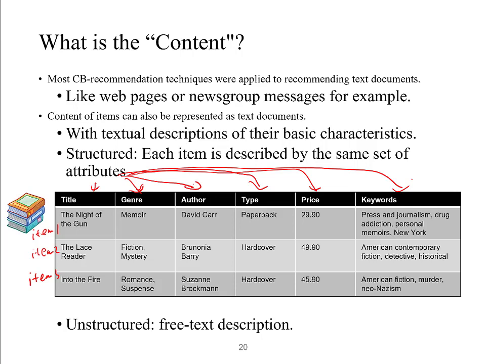Usually for the table, the columns are the attributes and the rows represent each and every item. And for unstructured data, we just take the free text as the description of that item.